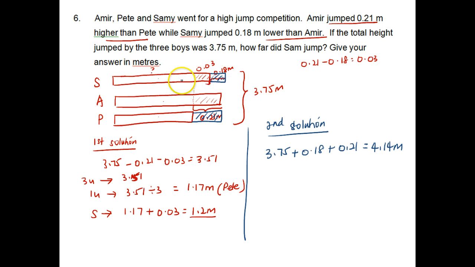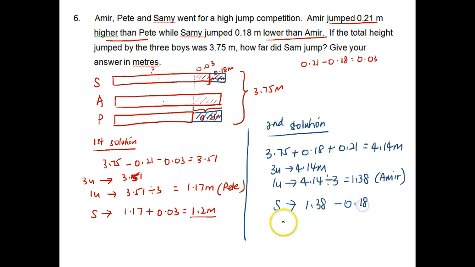This 4.14, now I divide by 3, which is 1.38, and this is where I find Amil. I'm not finding Pete, I'm not finding Amil, I'm finding Sammy. So Sammy is 1.38 minus 0.18. And the answer is 1.2 meter.